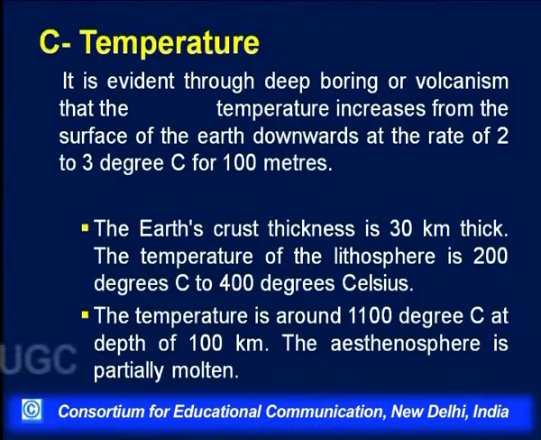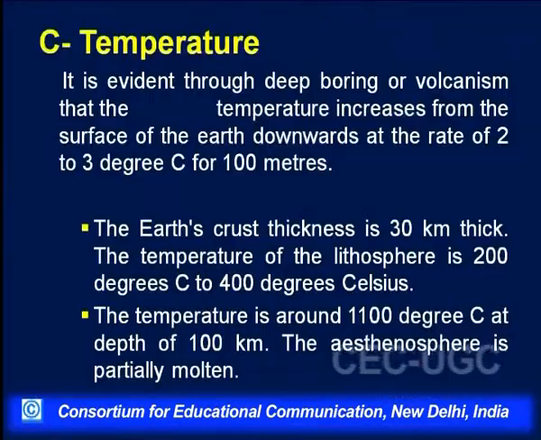Coming to the third point, that is about the temperature, it is evident from the deep boring, as I talked about a little while back, the deepest boring, say about 12 kilometers deep, and the evidence of volcanism. These are the only direct sources to tell us that the temperature increases towards the interior of the earth.